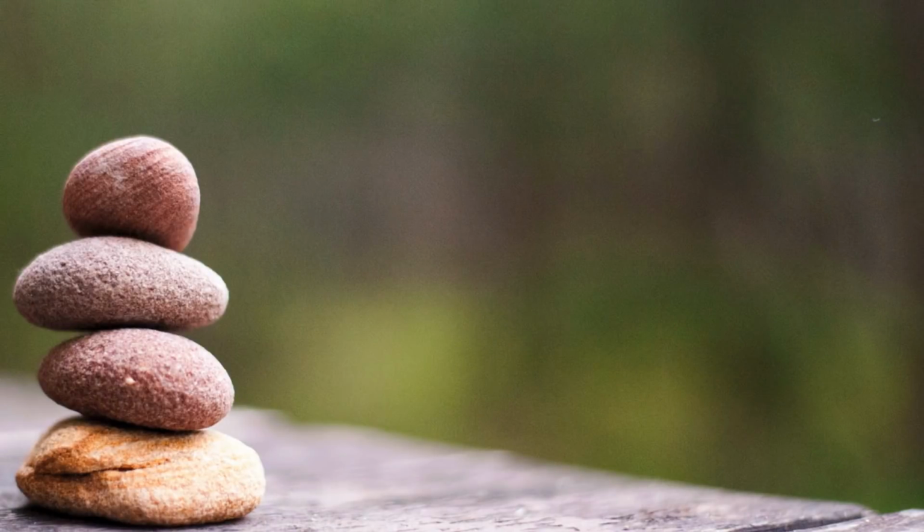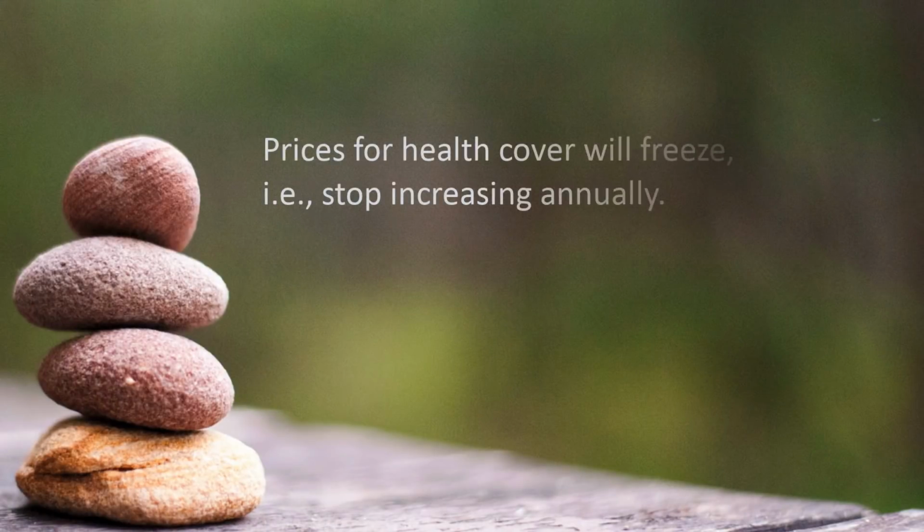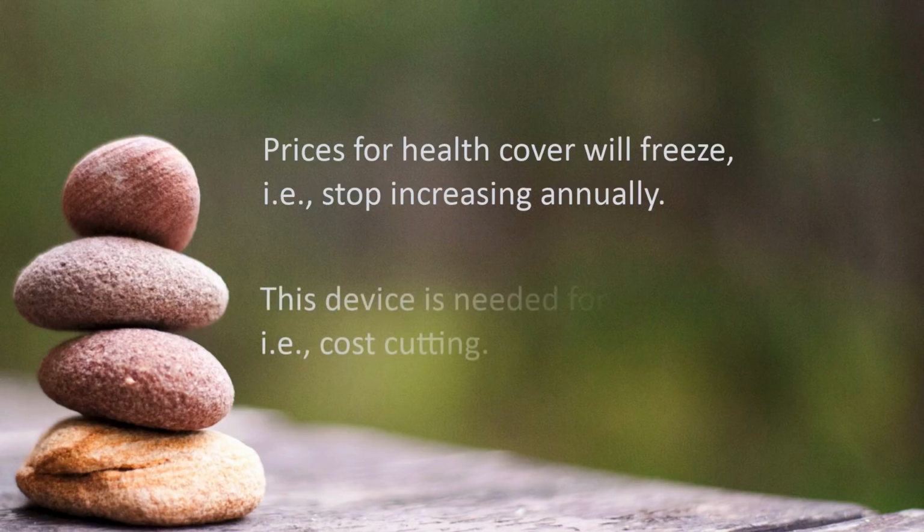So, let's have a look at it now without parentheses using the commas. Prices for health cover will freeze, i.e., stop increasing annually. And the second one, this device is needed for more efficiency, i.e., cost cutting. If you don't know whether to use e.g. or i.e., always ask yourself: is the additional information you're stating an example?